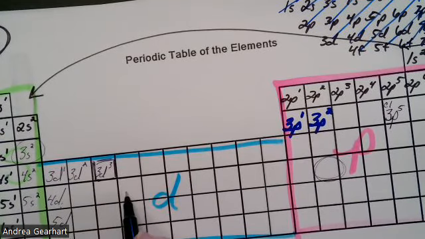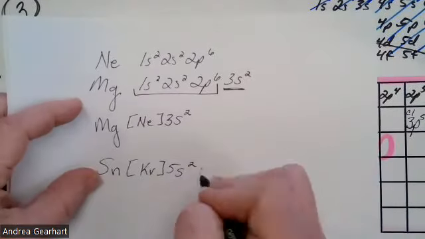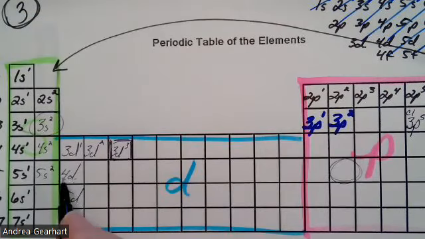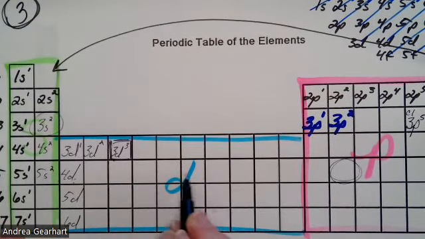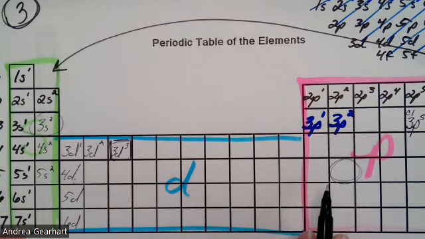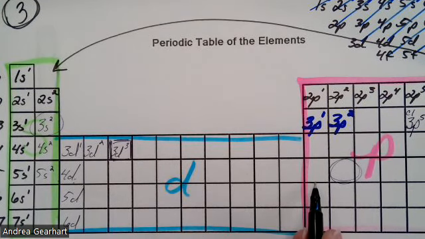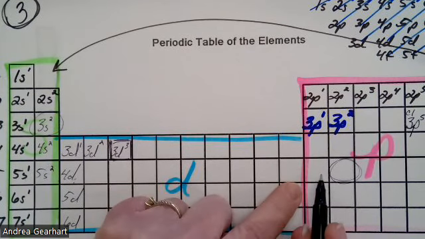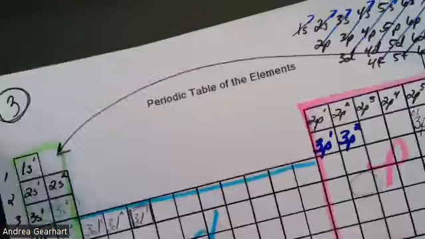And I need all of these to work my way over to 50. So 4d10. Okay, so 5s2, 4d10. Then I enter the P block, which P, same as the period number. And 50 is 2 positions over, so 5p2.